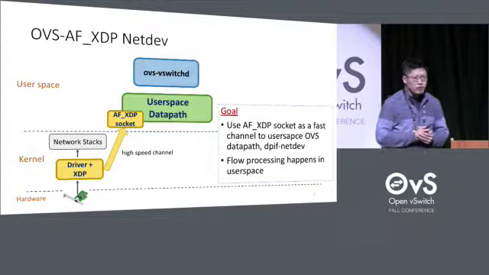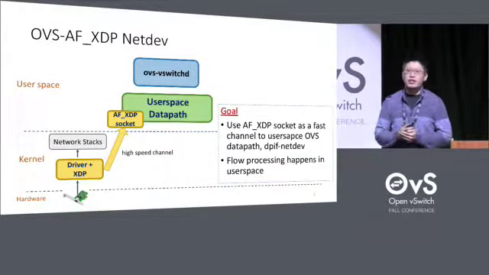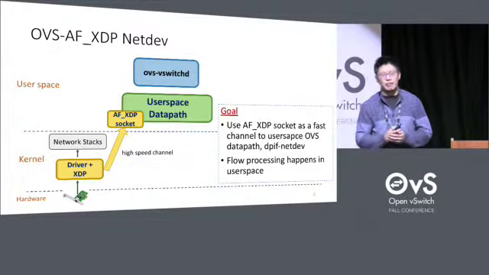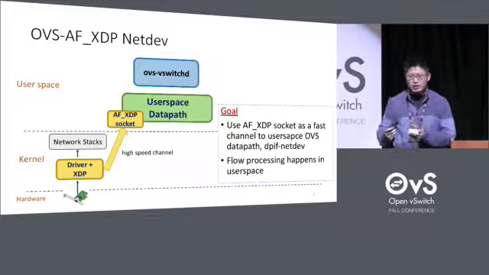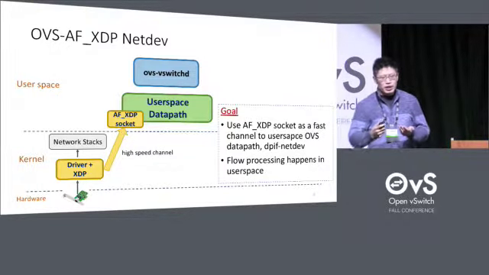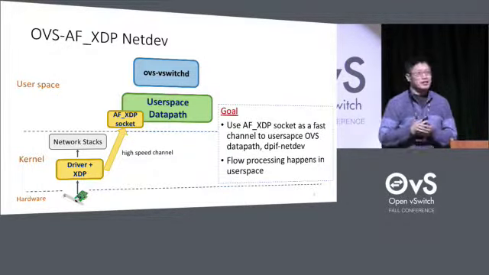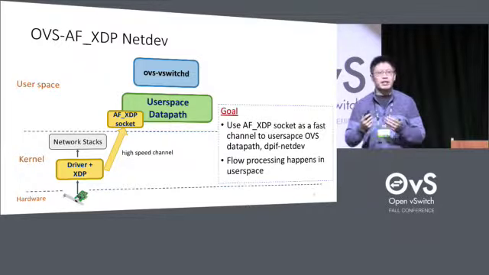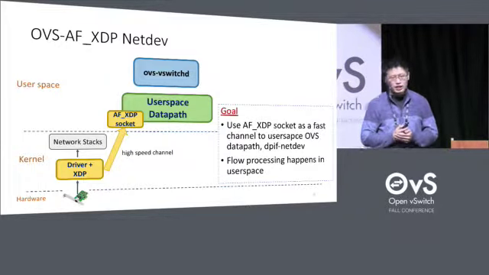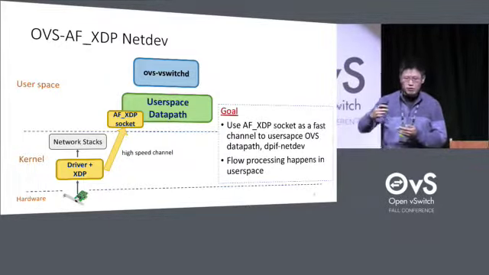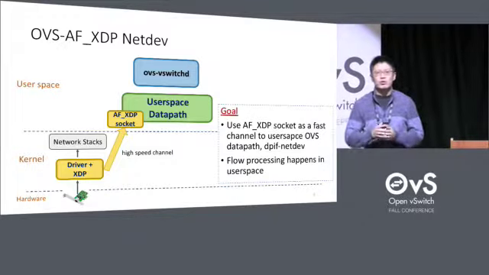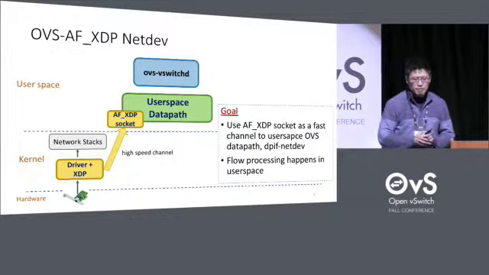So in the case of OVS, we want to use AF_XDP as packet I/O, as a way to receive and send packets. The idea is very simple. At the OVS user space program, we create an AF_XDP socket, and then we attach an XDP program to the device driver.